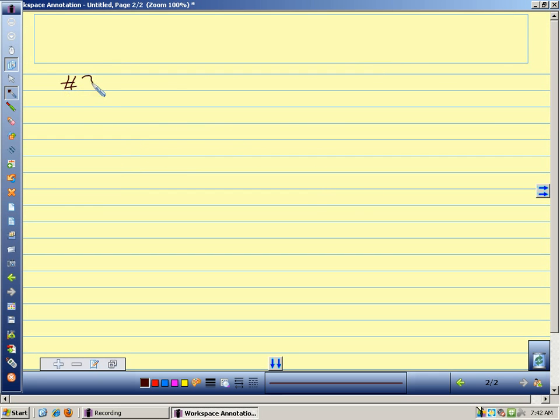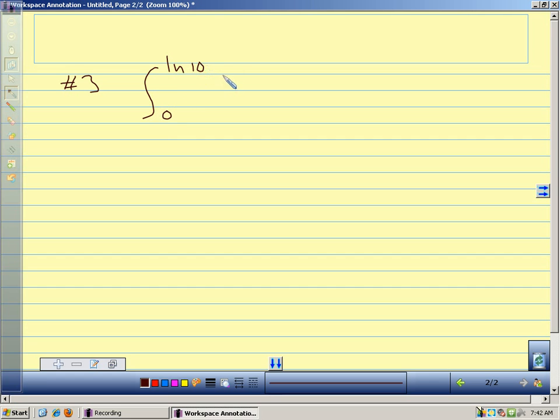The third one, my last question to you. This one you have to evaluate. The integral from 0 to natural log 10, of the integral from e to the x to 10, of 1 over natural log y. Is that natural log y?